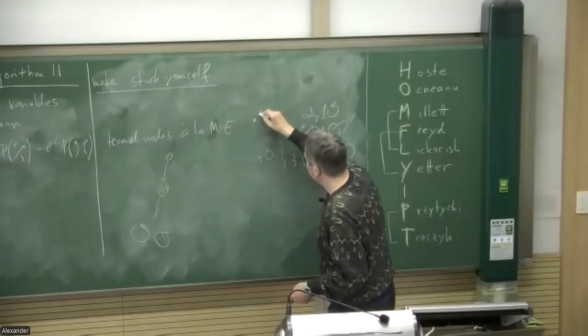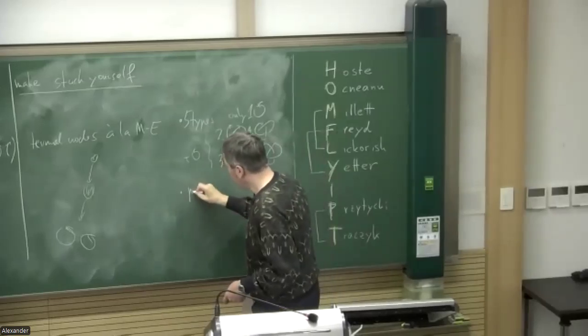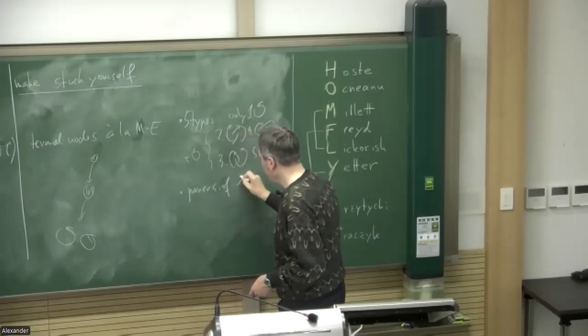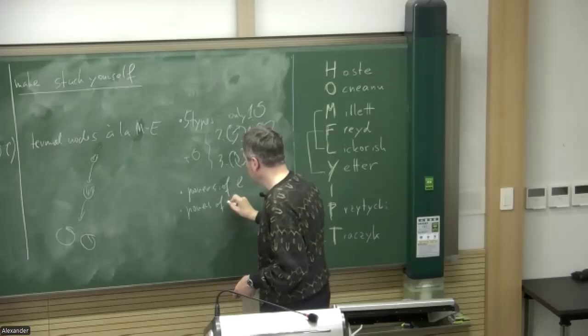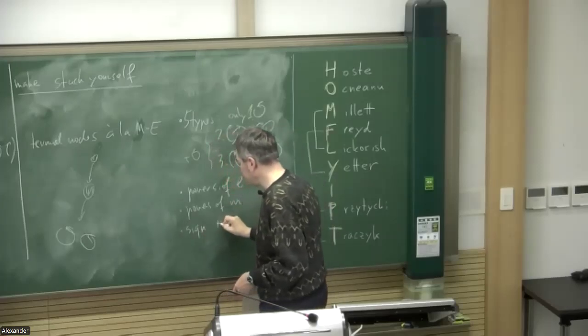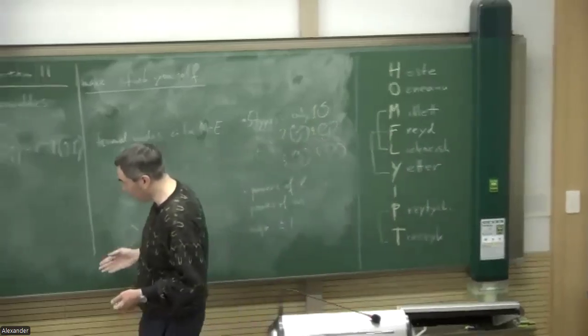So there are 5 types in this counting. Powers of L, powers of M, and there is a sign. So plus and so on. This is what determines the contribution of a terminal node.